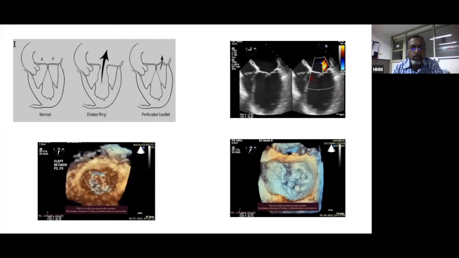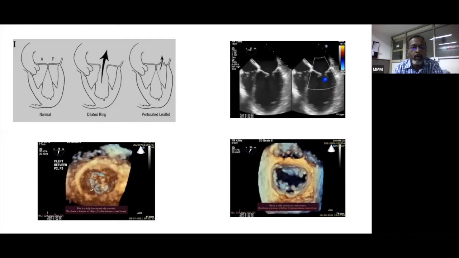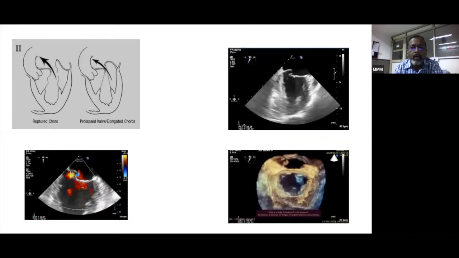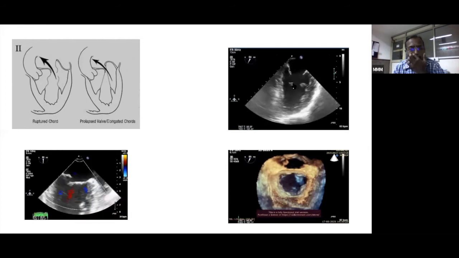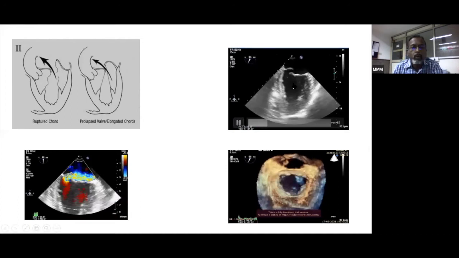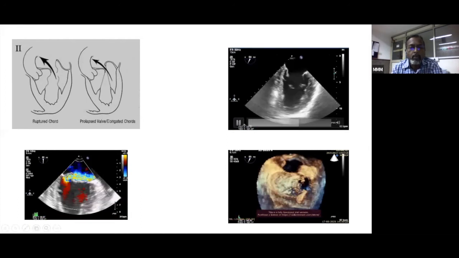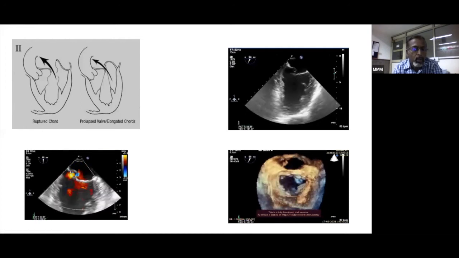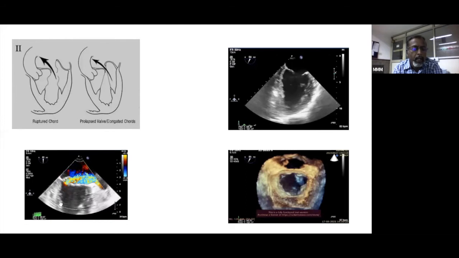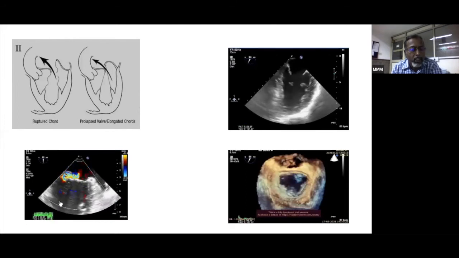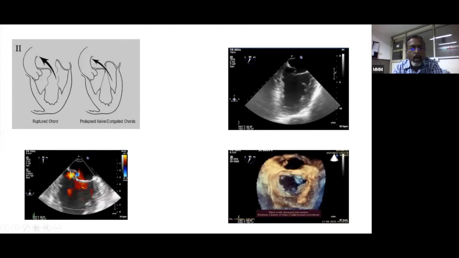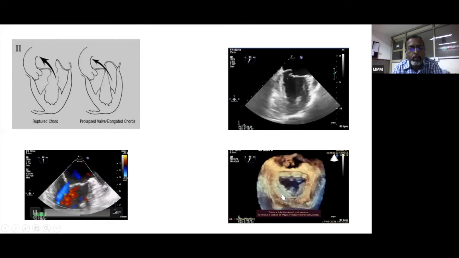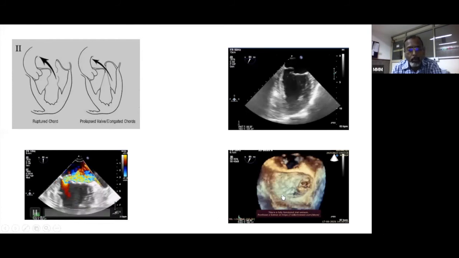In type 2, you have a flail P2, with a correspondingly anteriorly directed jet, and a 3D picture showing a flail P3.